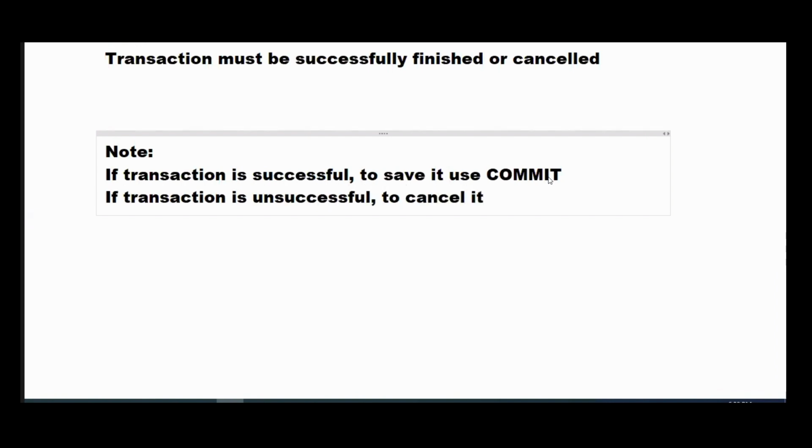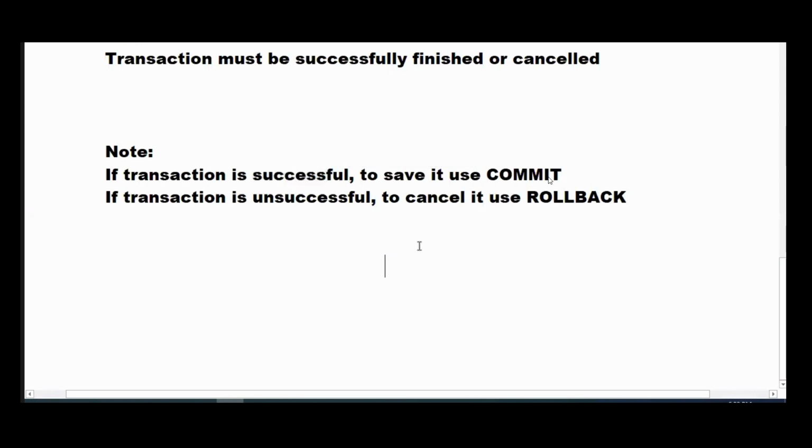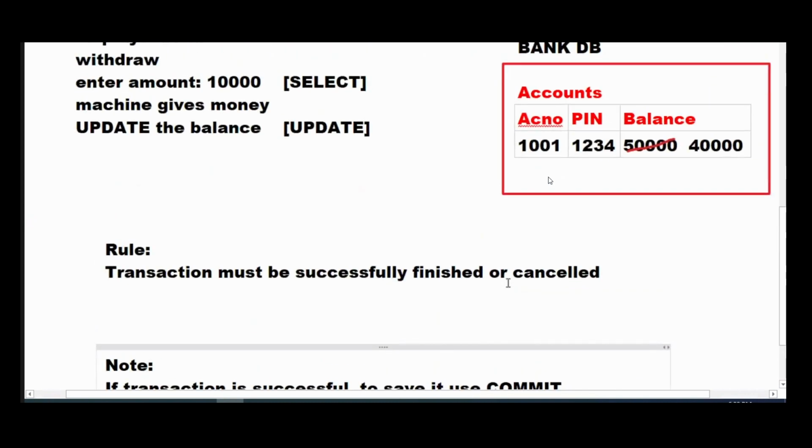To cancel it, use the command rollback. If a transaction is successful, to save it, which command are we using? Commit. If a transaction is unsuccessful, to cancel it, which command are we using? Rollback.